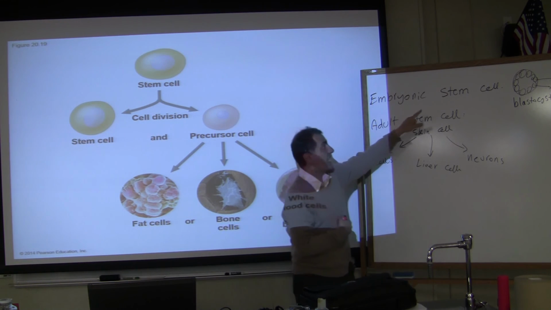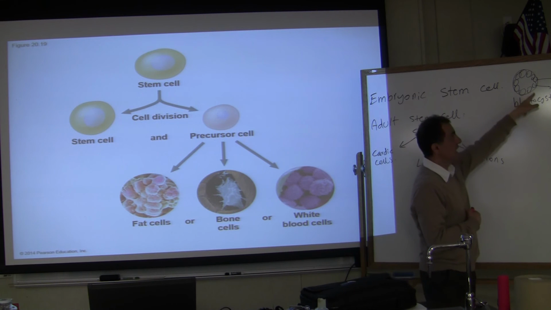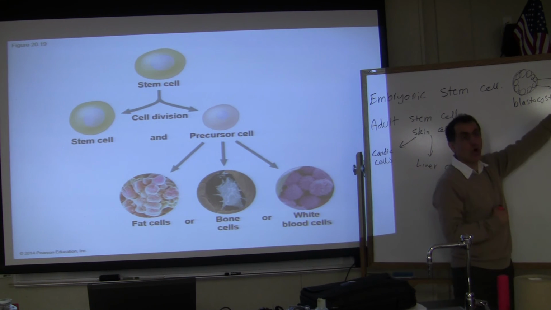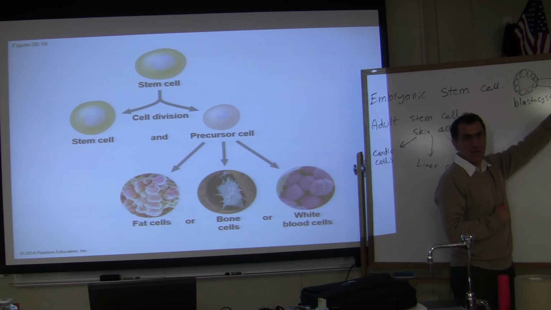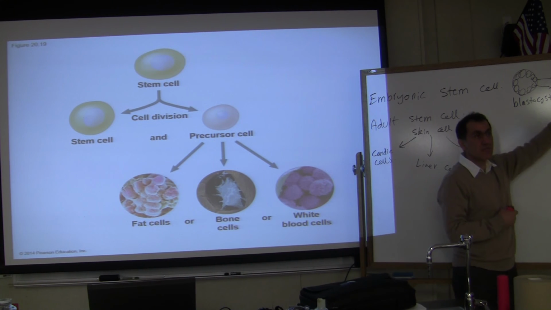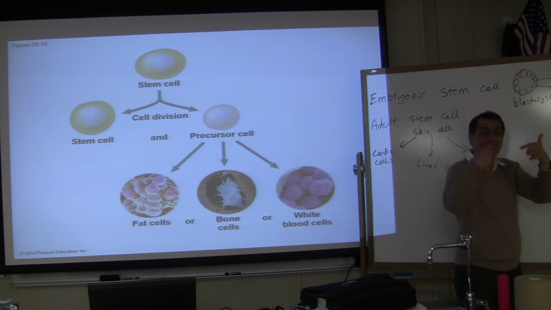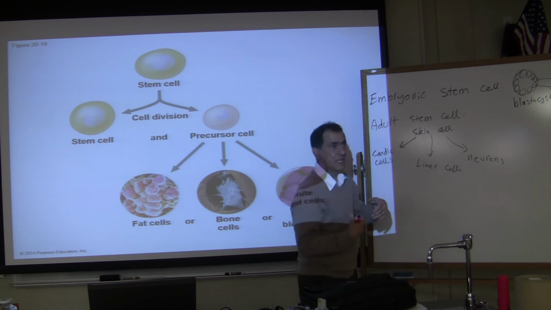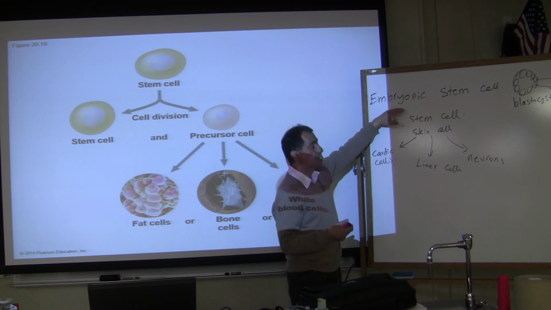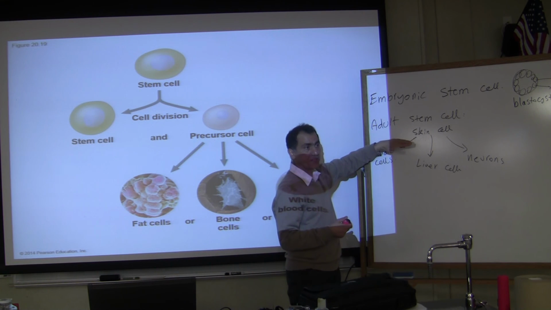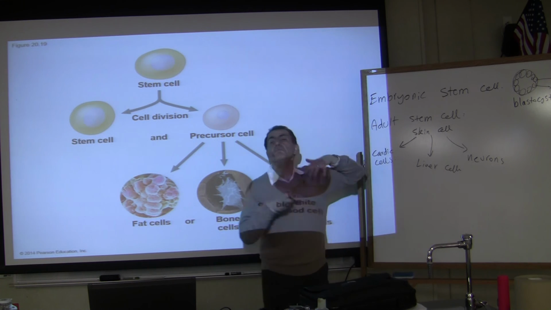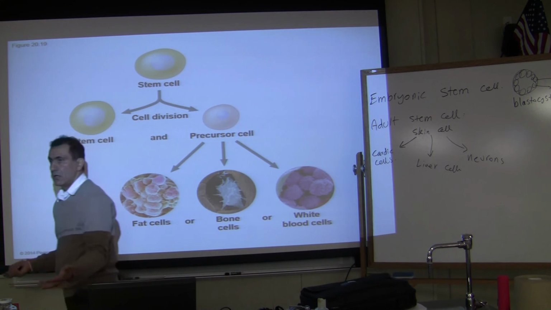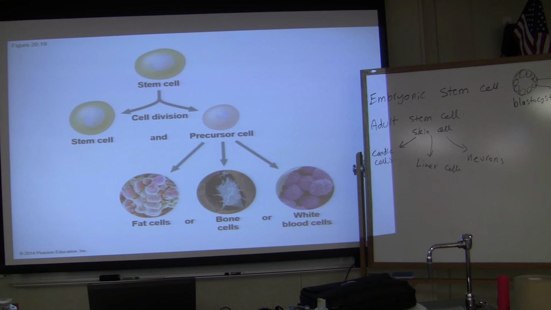But if they take embryonic stem cells, and I've been drinking too much alcohol, for example, and they want to put these liver cells inside me, I will reject them because they are not my cells. Am I making some sense? That's a disadvantage of embryonic stem cells versus adult stem cells. With embryonic stem cells you have the rejection problem, but you can easily grow them in the laboratory. Different types of cells.